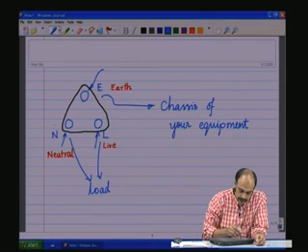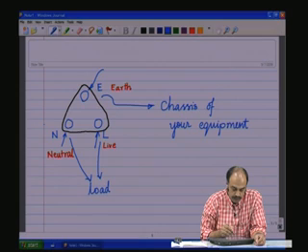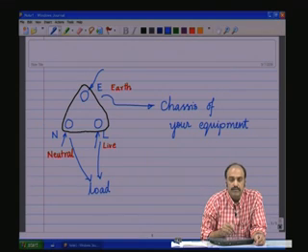Now, if you look at the live and the neutral, the voltage across the live L and the neutral pin N will be a pure sinusoidal voltage wave shape.